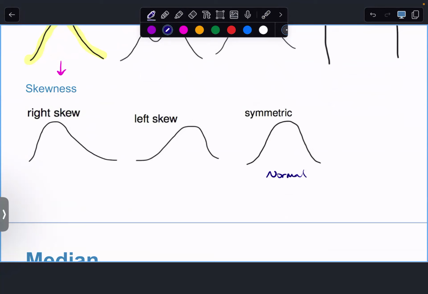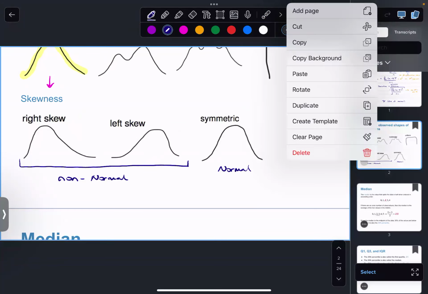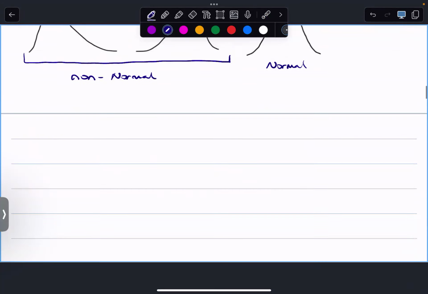This one is skewed to the right, this one is skewed to the left, but we're going to lump these all into non-normal distributions because the behavior will be the same, just depending on which direction the skew is in. I think I need to add a page here. It's going to be way too big.